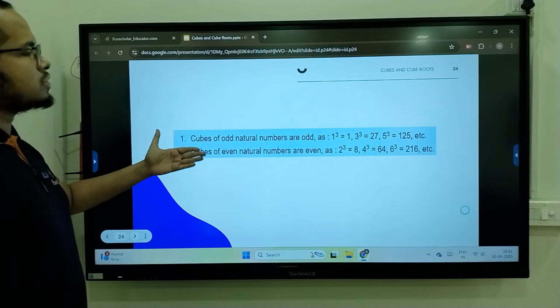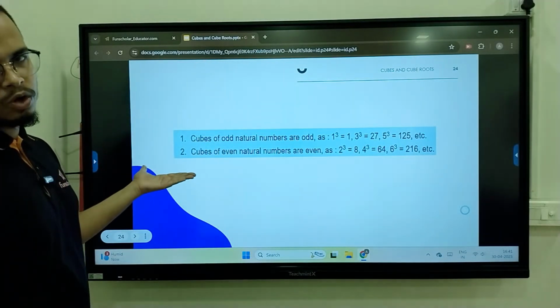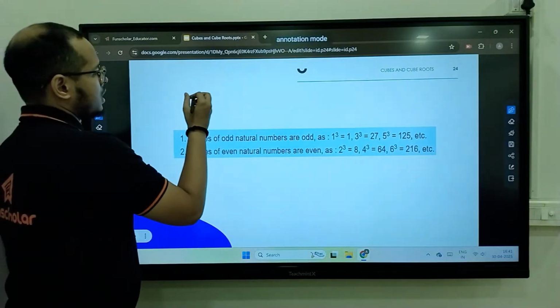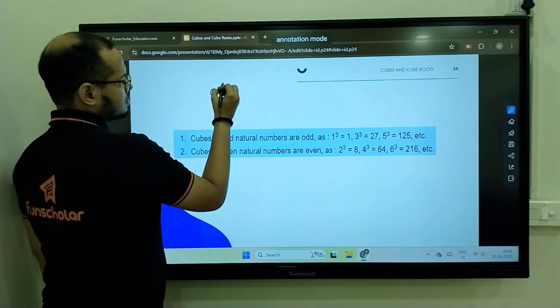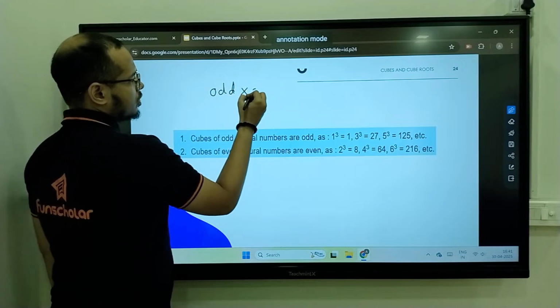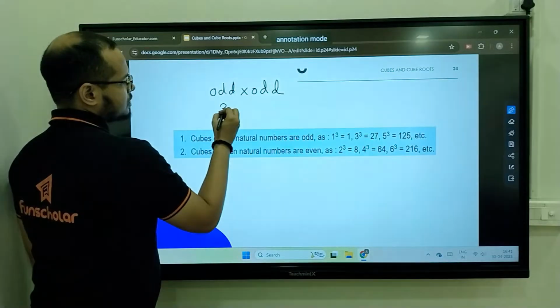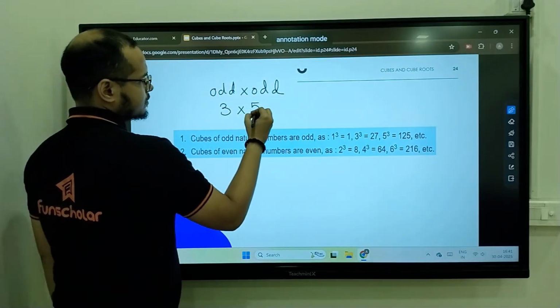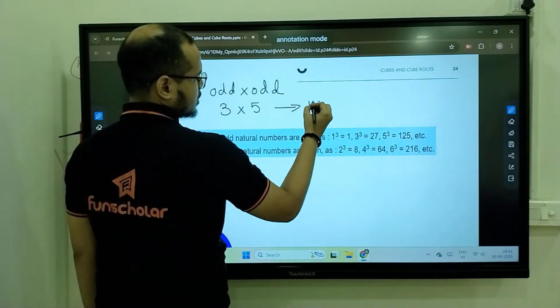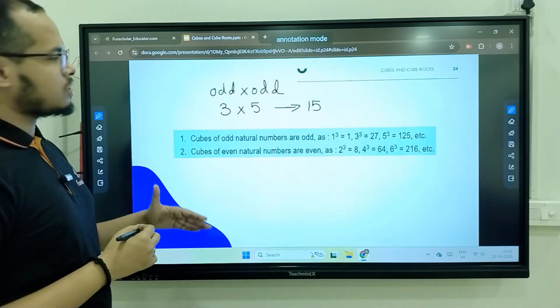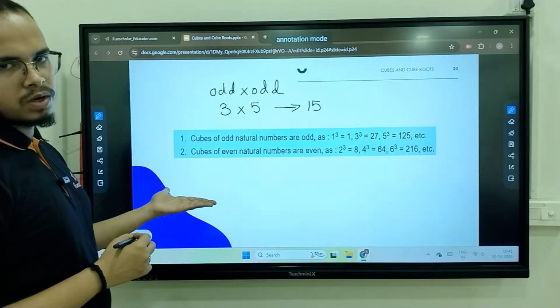Okay, so cubes of odd natural numbers are going to be odd. Let me tell you something. Let's take two numbers, so odd into odd. Let's see, 3 into 5, 15. So when we are multiplying odd numbers, we will get an odd number only.